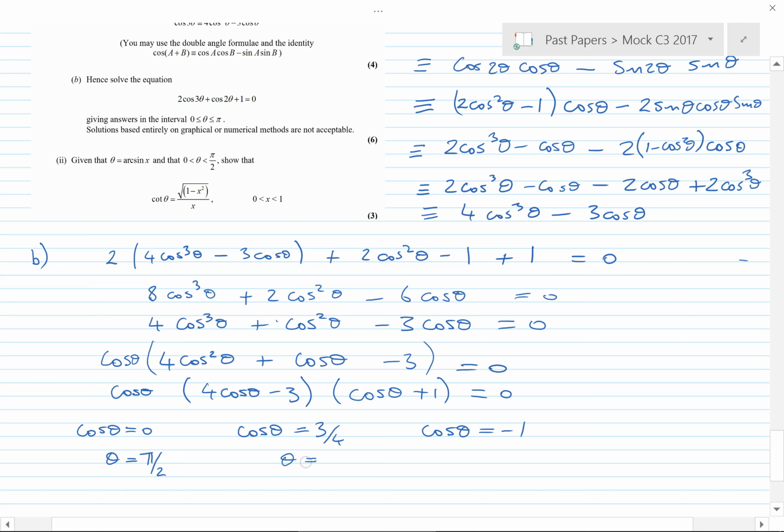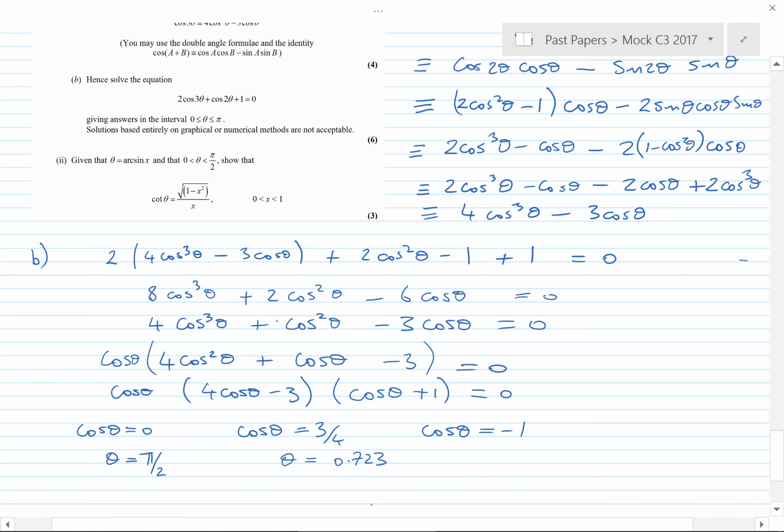This one gives us theta, if I do arc cos of 3/4, 0.723. And don't write that as a multiple of pi, as a few people did. You never write anything as a multiple of pi unless it's exactly a multiple of pi, and this one isn't.